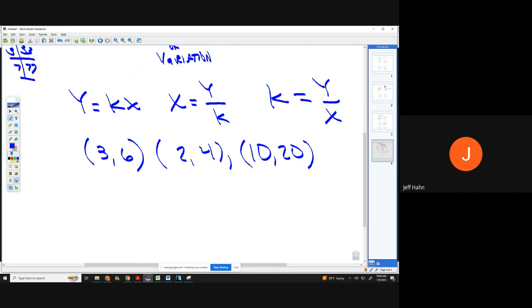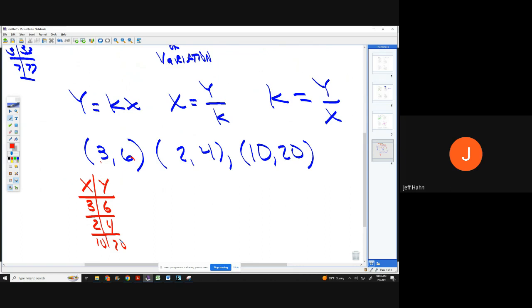How would I know if those 3 points are an example of direct variation? Well, you could put them in a table, but I don't know if you'd even need to do that. But let's do it because Evan suggested it and it's not a bad idea. Here's x, here's y. I have 3, 6, I have 2, 4, and I have 10, 20. Those are my 3 points. Is that direct variation and why?